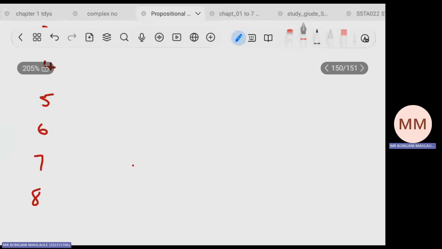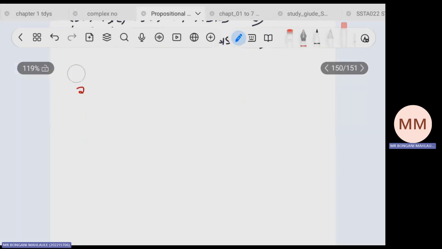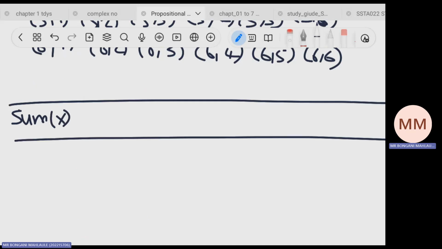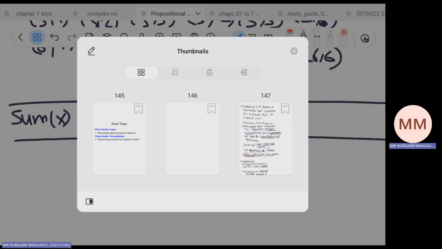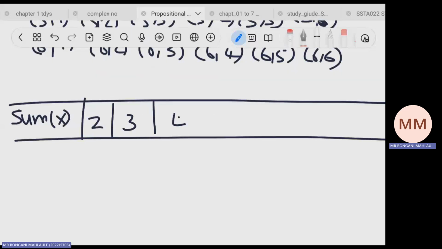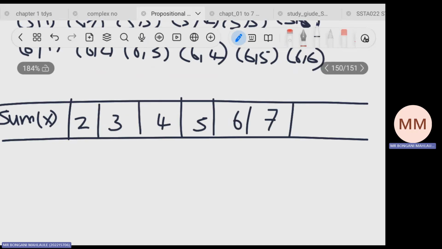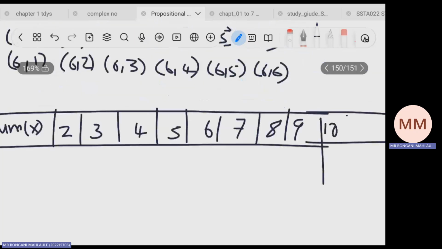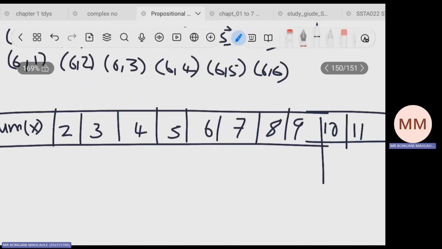I think we should just write it in a table format, to make things easier. The sum. So when we get 2, when we get 3, 4, 6, 7, 8, 9, 10.